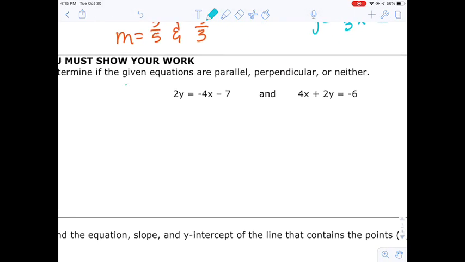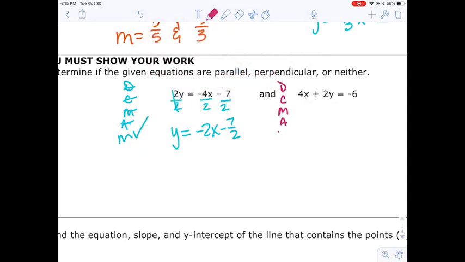The next one, same thing. The only piece that's attached to y is that 2, so I divide everything by 2. And I have -2x minus 7/2. Very similar problems here.